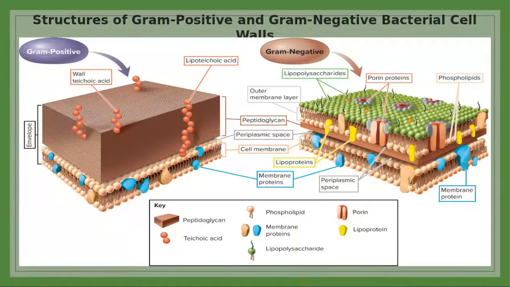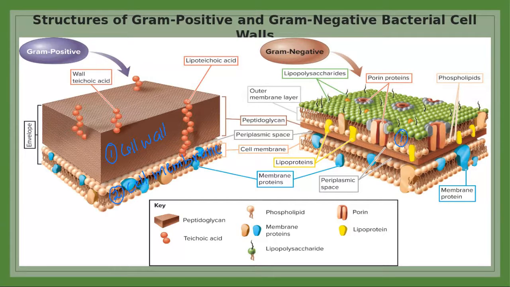Now, if we compare side by side, you see that this gram-positive bacteria only has 2 layers in the cell envelope. The first one is the cell wall, and the second one is the cell membrane. And this is the gram-negative bacteria. It has 3 layers.